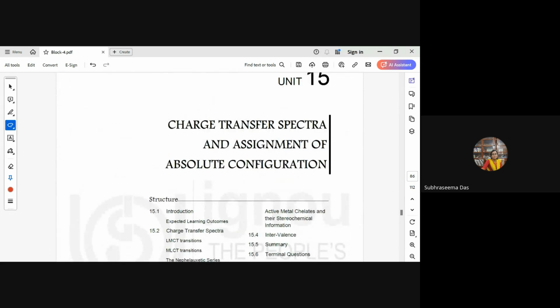And then coming to the last part of today's class, this is charge transfer spectra and assignment of configuration.